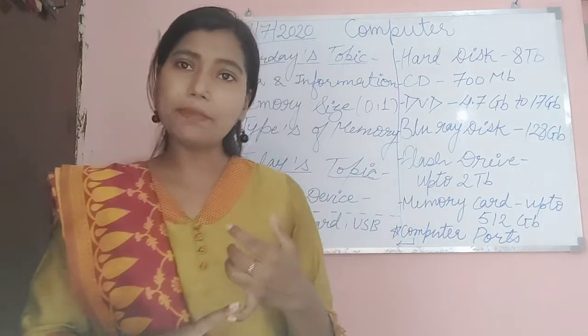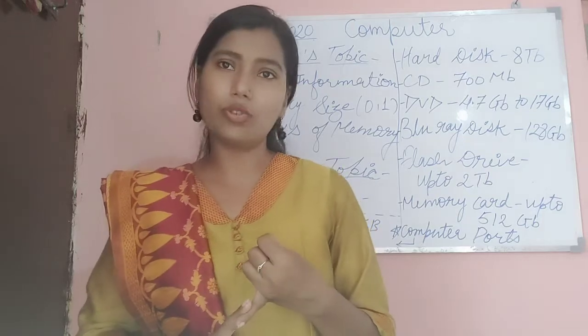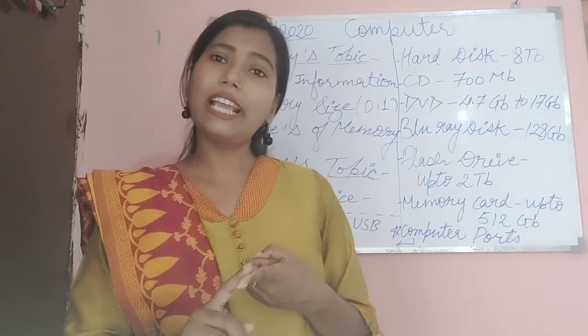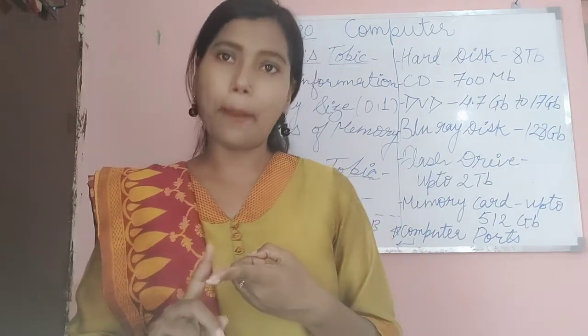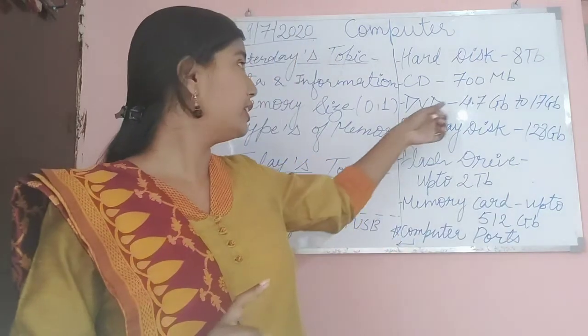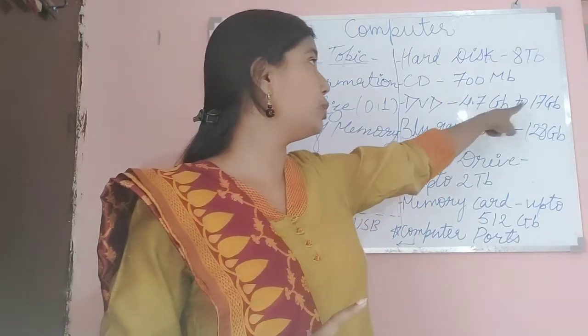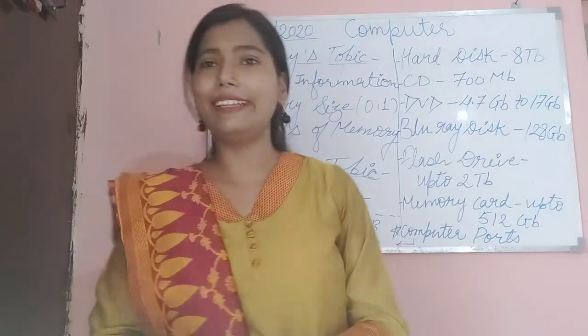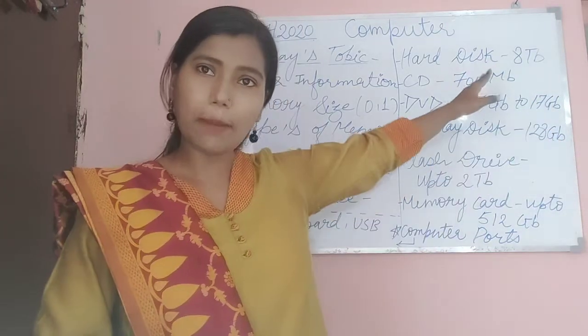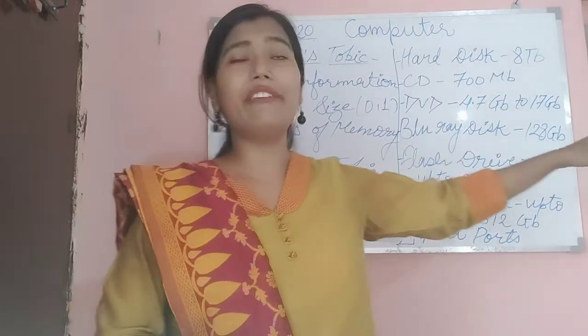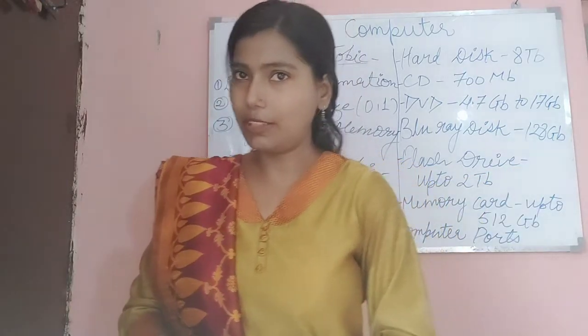According to the storing capacity, CD has the least storing capacity, and Blu-ray disc has the highest storing capacity. CD has a capacity of 700 MB, MB is megabyte. DVD has a storing capacity of 4 GB to 17 GB. GB means gigabyte. And the Blu-ray disc has 128 GB of storing capacity.